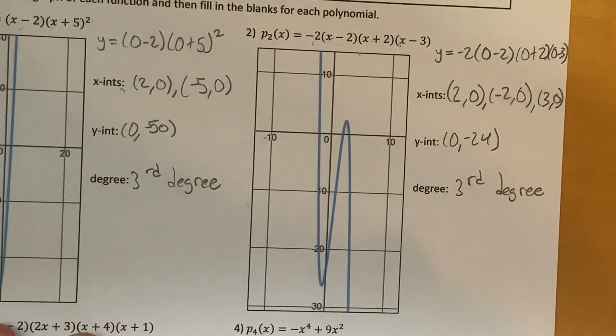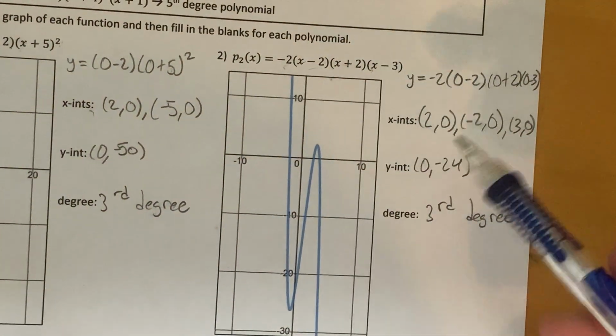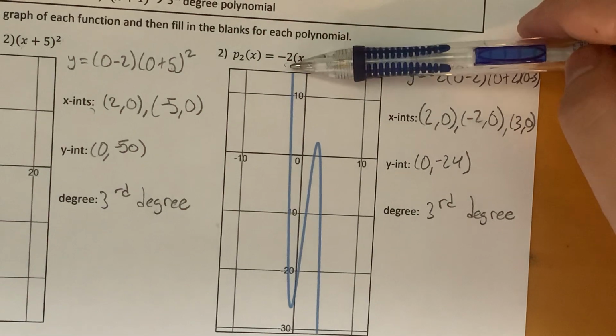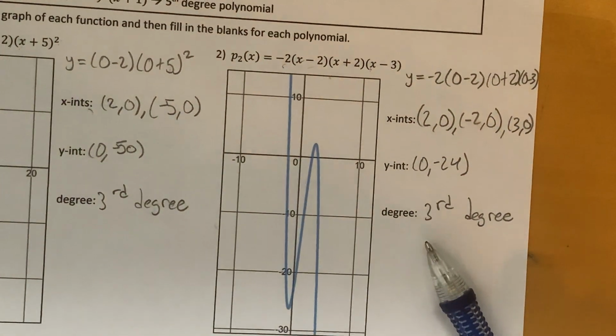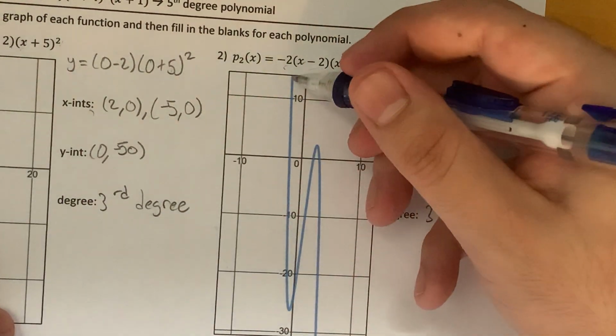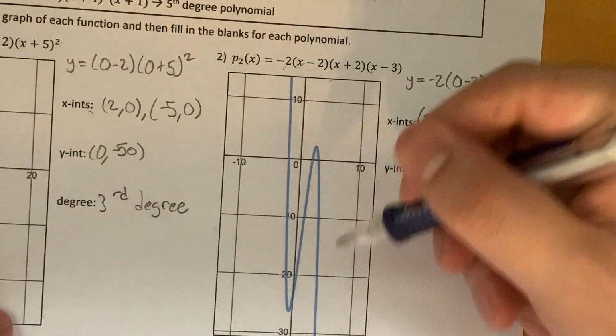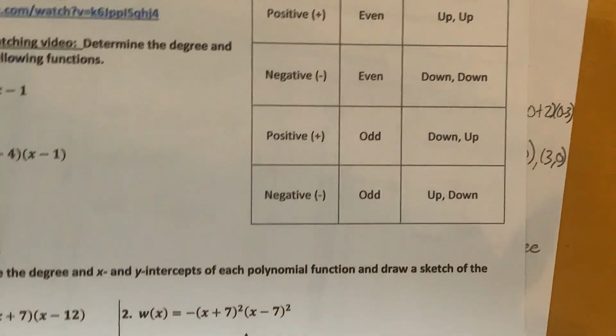Yes, sometimes we do have those moments. So, number 2 has those conditions: negative leading coefficient, and third, an odd degree. Does it go up on the left-hand side? It does. It's going up. On the right-hand side, is it going down? Yes. But what else do we notice for the end behaviors?